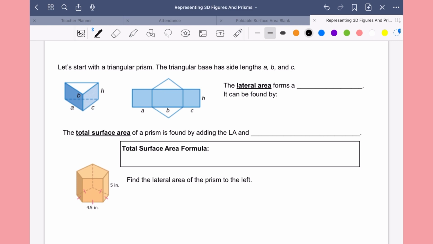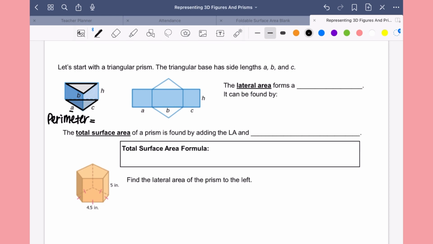If you get your highlighter, you can highlight the triangle. So here's one base, and here's the other base, okay? So it's a triangular prism, and it's telling me that the base has side lengths ABC. And so that's important because that's going to give us our perimeter. So perimeter, if you remember, that's when you add up all the sides, is equal to those 3 sides.